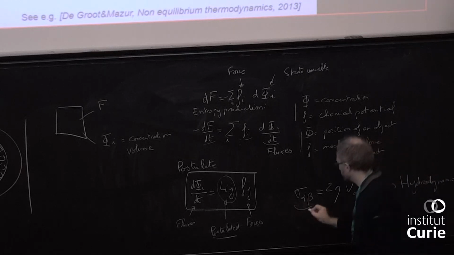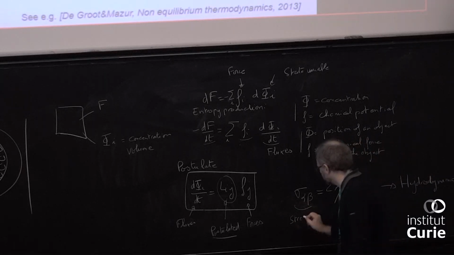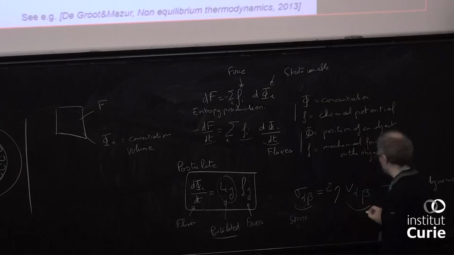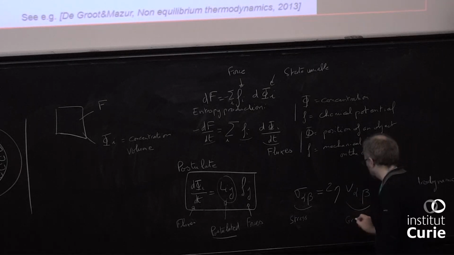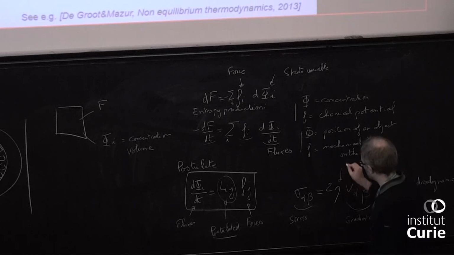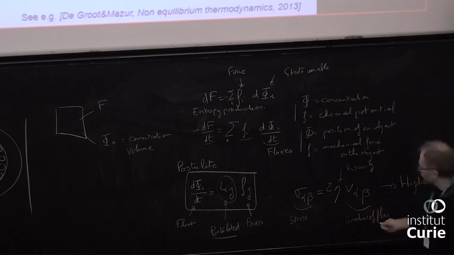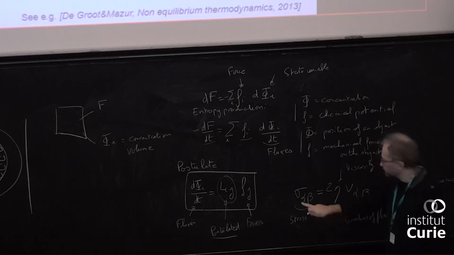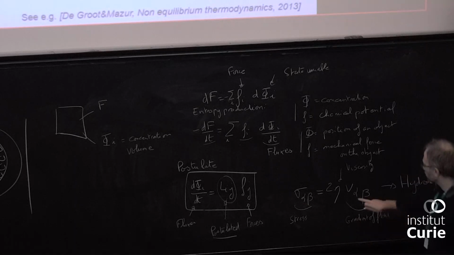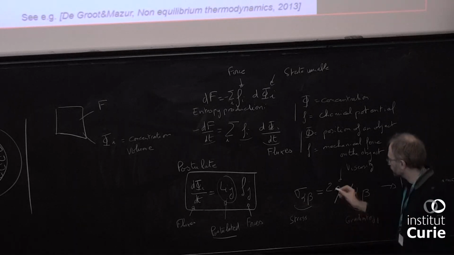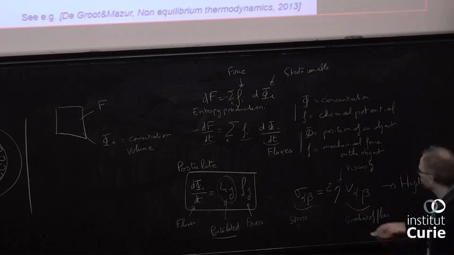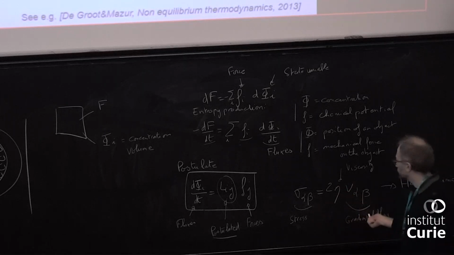In this equation I have a stress, a gradient of flow, and here I have a viscosity. In this kind of structure, the stress plays the role of the flux, the gradient of flow plays the role of the force, and in between one introduces the phenomenological coefficient, something which is not known a priori, which relates the two.